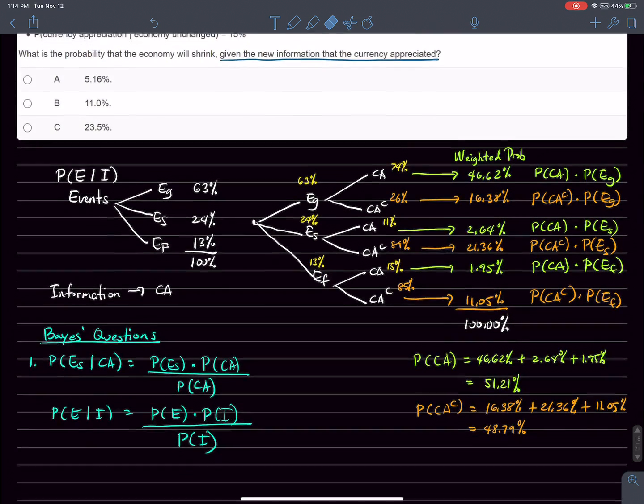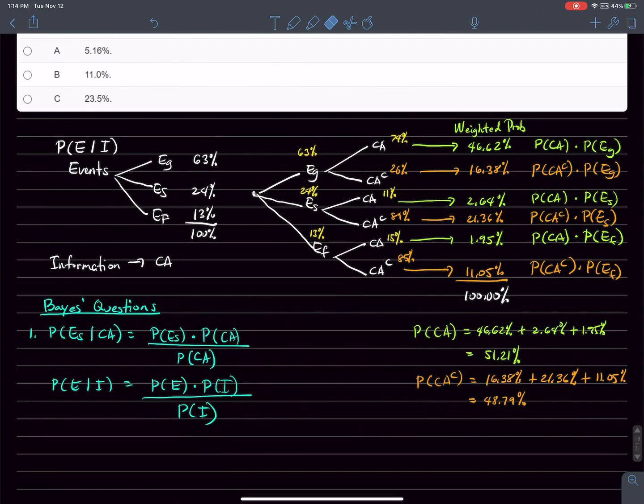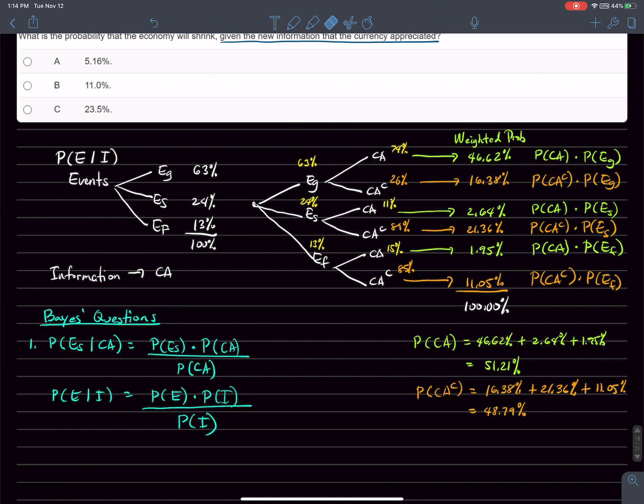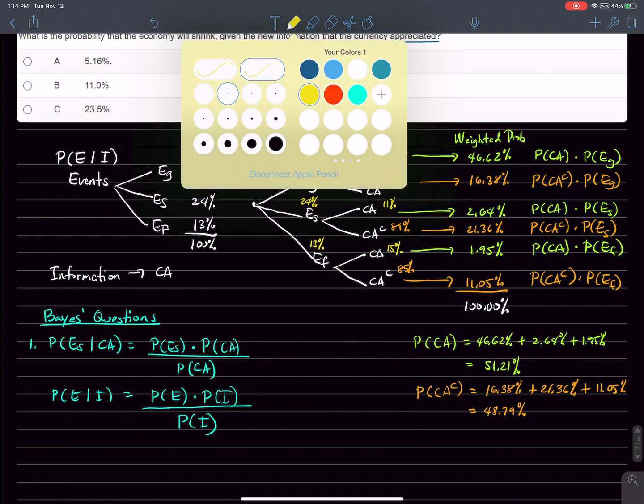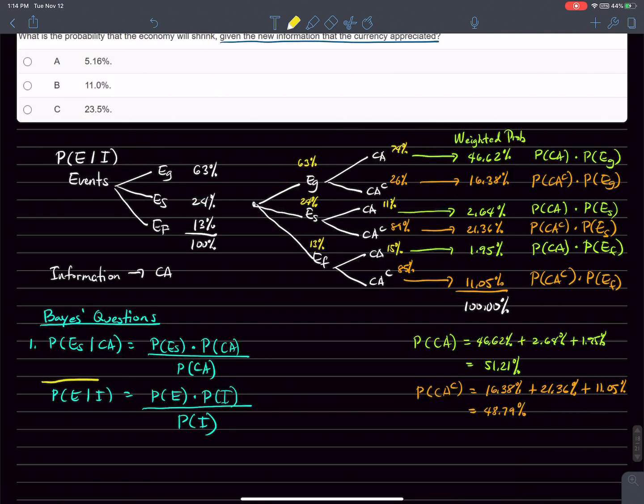So now, if you memorize the formula in the CFA Institute curriculum, you will be given: probability of event given new information is equal to the probability of that event and information both occurring, divided by your probability space.